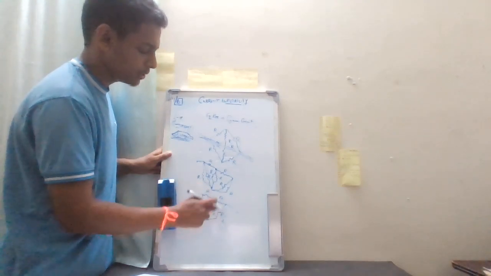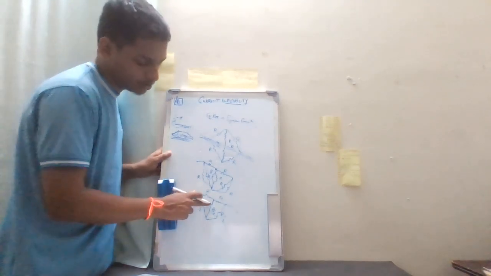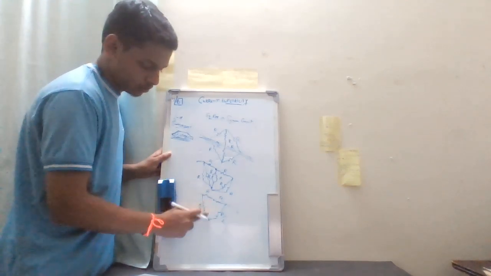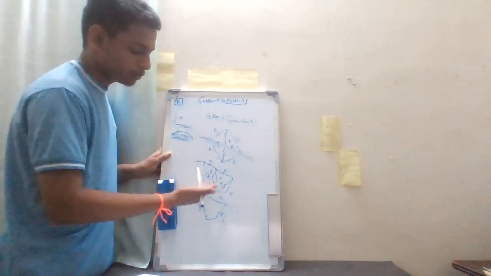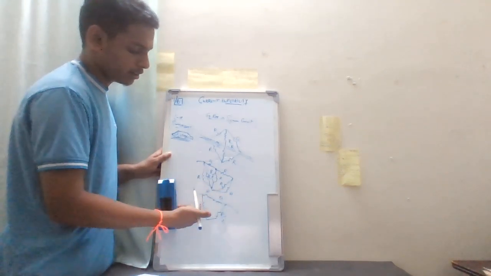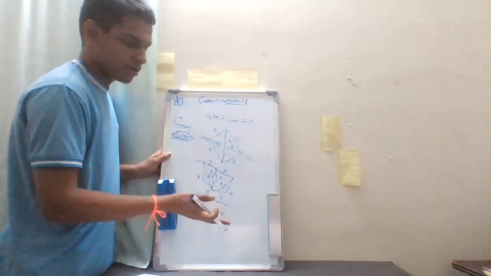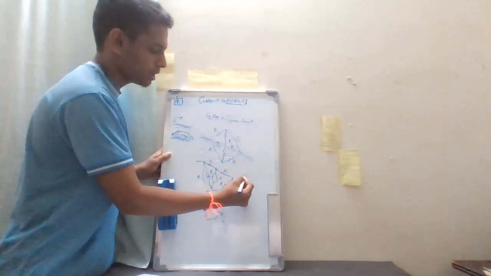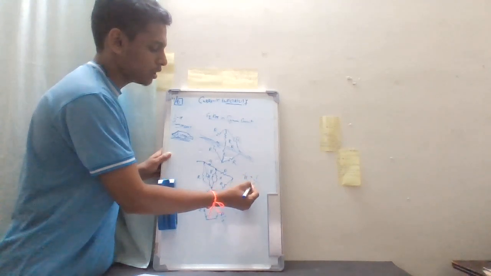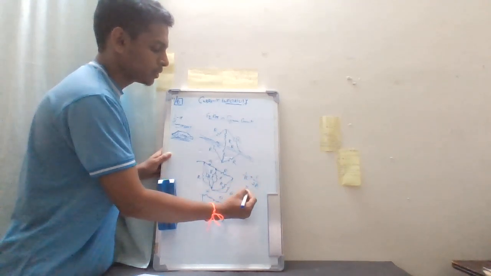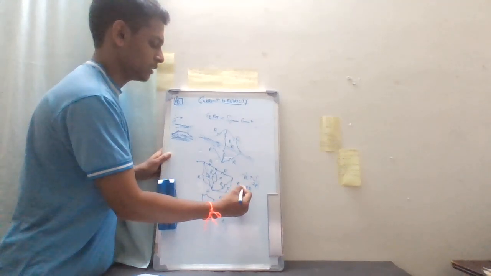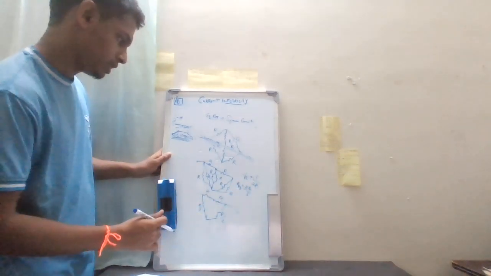So R into R by 2 and R into R by 2 are the same, so we can ignore this middle wire. That gives us 2R and R parallel to each other. So 1 by R plus 1 by 2R gives 2R by 3 as the equivalent. Isn't that right?